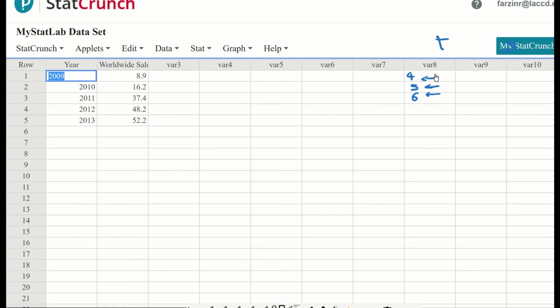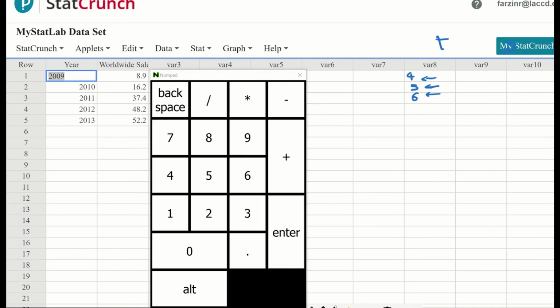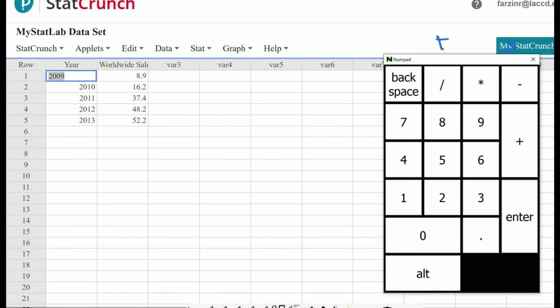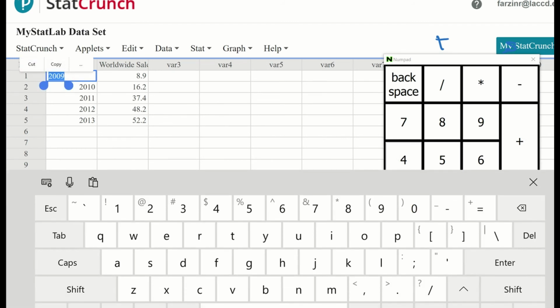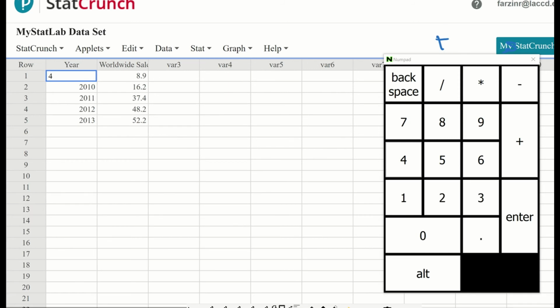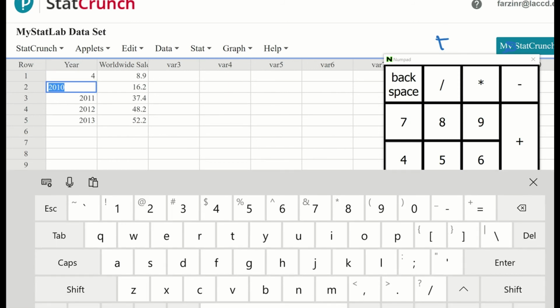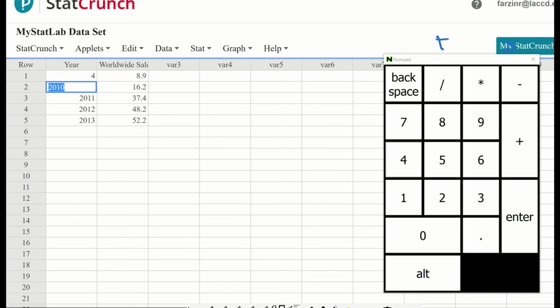Okay, so remember, instead of 2009, we're going to use 2009 minus 2005, which is 4. And instead of 2010, we're going to use 5.